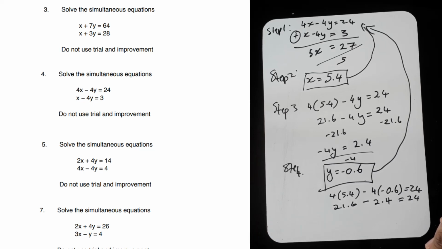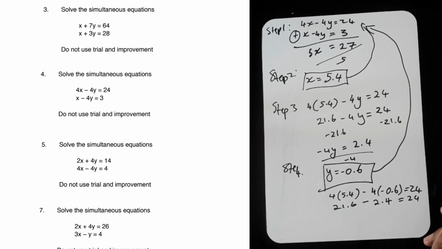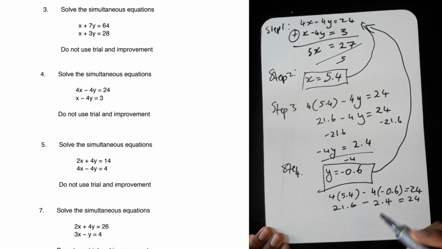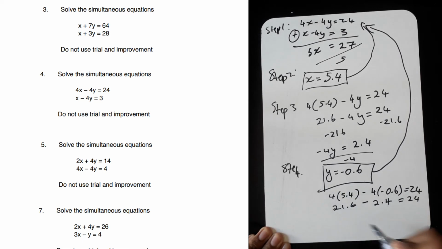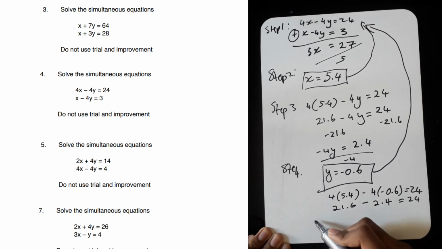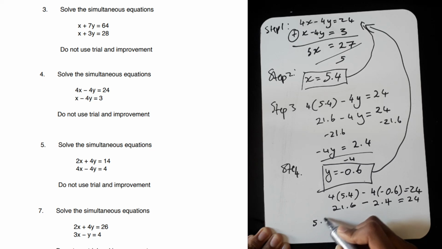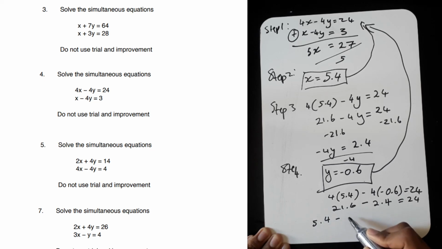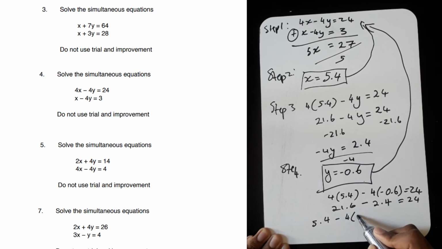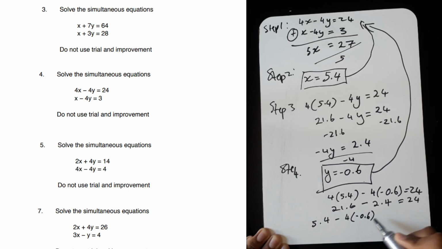I actually used the same equation. I plugged it back into the same equation. So we can try with the other equation. So x is, what is x? 5.4 minus 4 open brackets negative 0.6 close brackets.